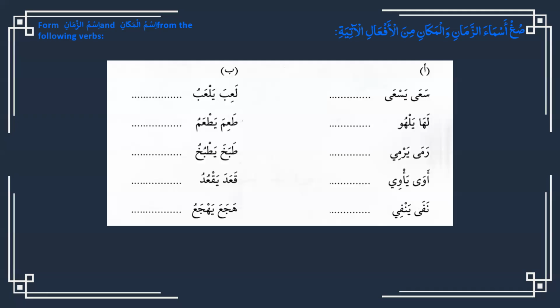Left hand side, top three, Brother Ahmad Keen. لعب يلعب means to play, and the place, which is literally a playground, ملعب. And then طعم يطعم is to eat, and the اسم المكان is مطعم, meaning a restaurant.